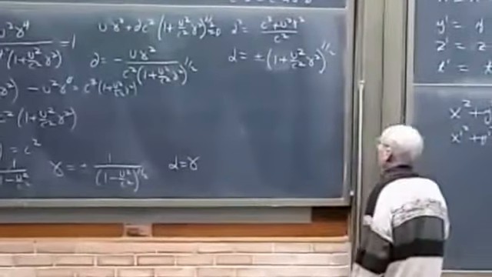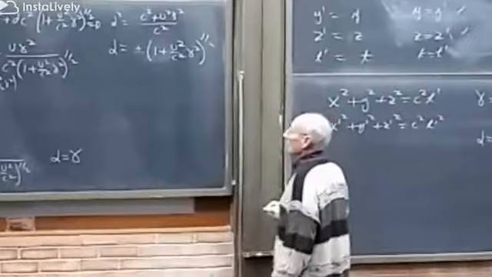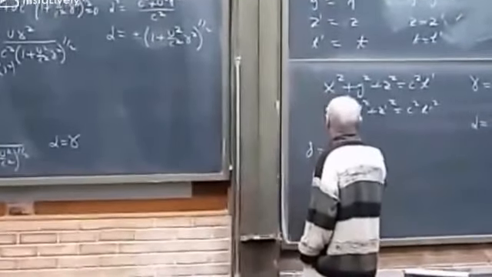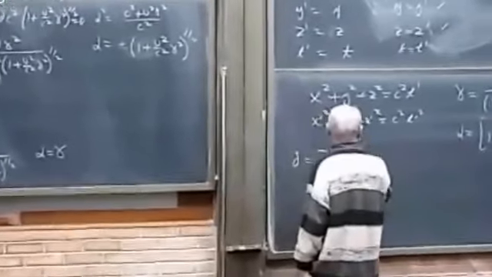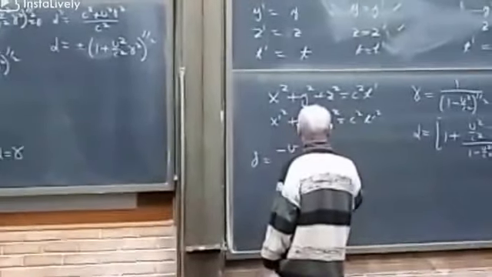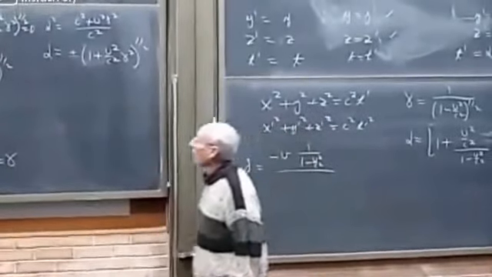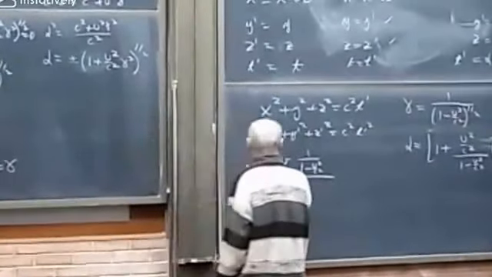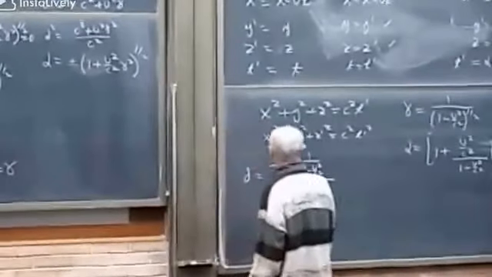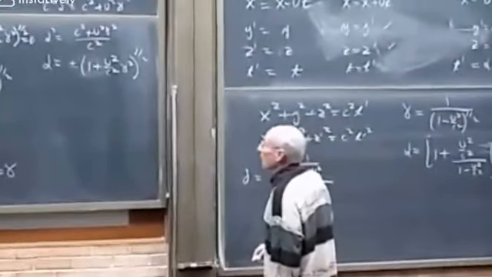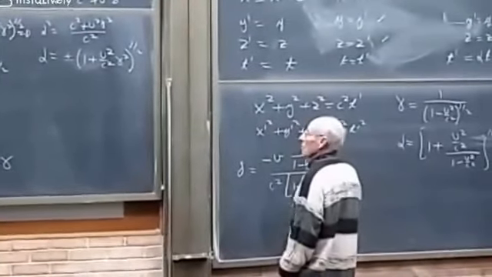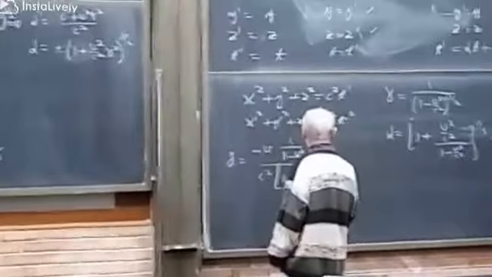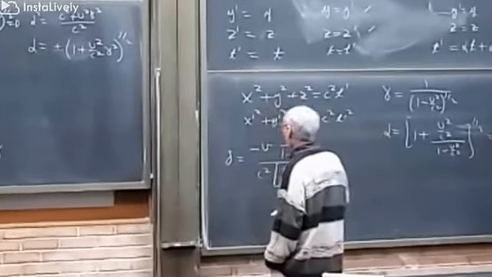And finally, we need delta. Well, that's there. Delta is equal to minus b gamma squared, that is 1 over 1 minus b squared over c squared, divided by c squared, times the square root of 1 plus b squared over c squared gamma squared, which is 1 minus b squared over c squared, square root.